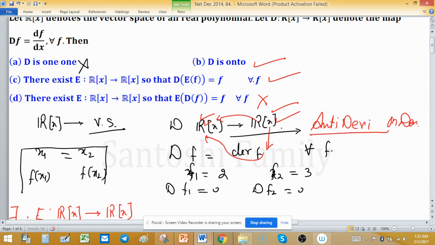This is true in all cases, and this is the antiderivative of f. So only options B and C are true here.